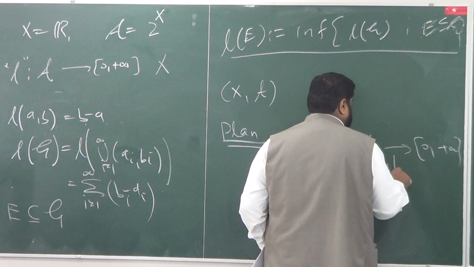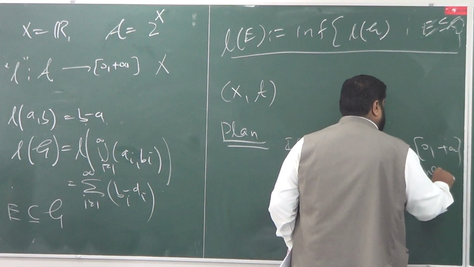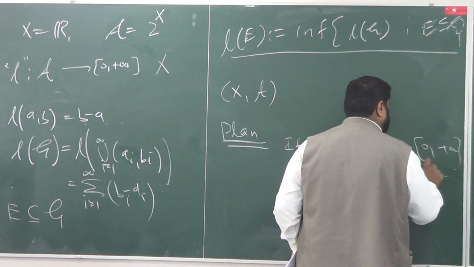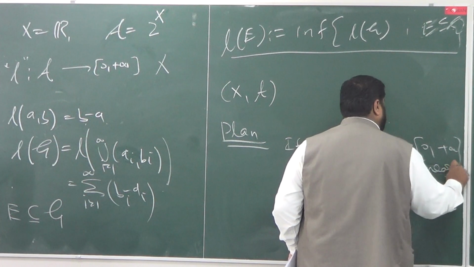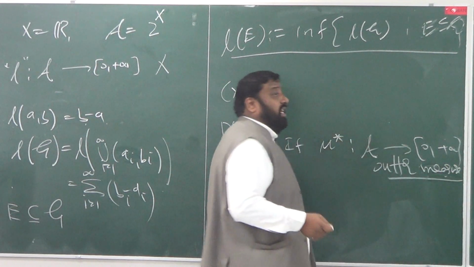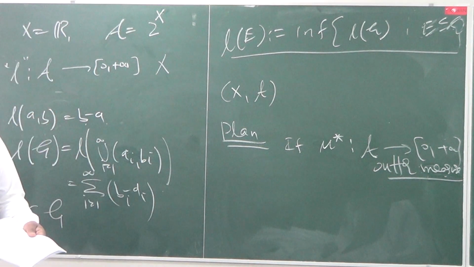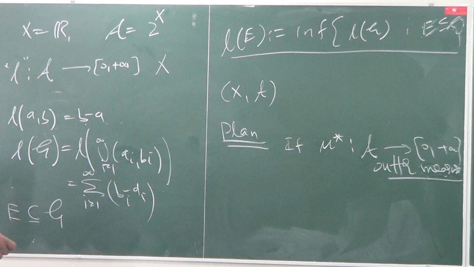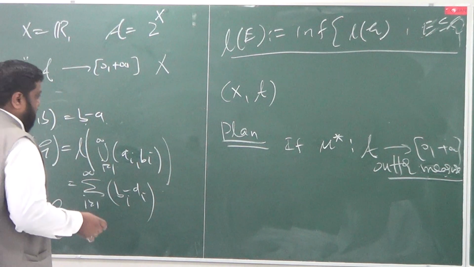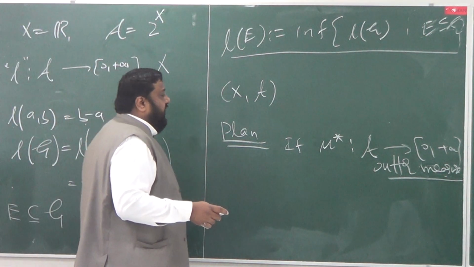So define some outer measure, whatever that means, which is obviously not a measure, because if an outer measure were a measure, then what's the point of doing all that? So mu star is an outer measure.